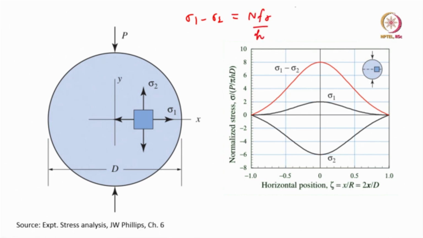So, sigma 1 minus sigma 2 is proportional to n, which means if sigma 1 minus sigma 2 is very small, then n is also small. So, the 0th order fringe comes at the outer boundaries. The highest fringe order, if you are going along this horizontal diameter direction from the outside to the inside, should come in the middle, because that is where sigma 1 minus sigma 2 has its largest value.